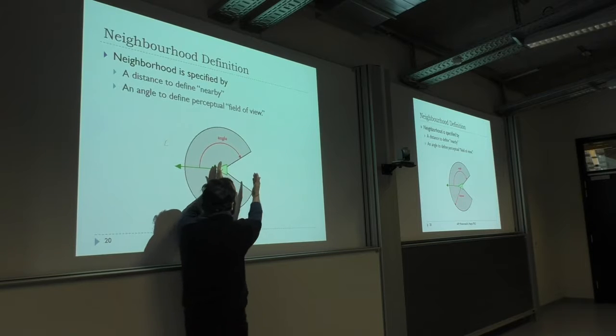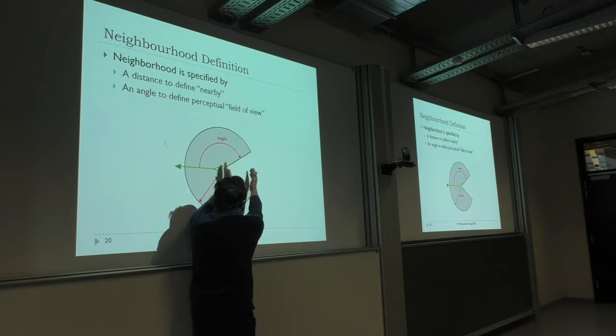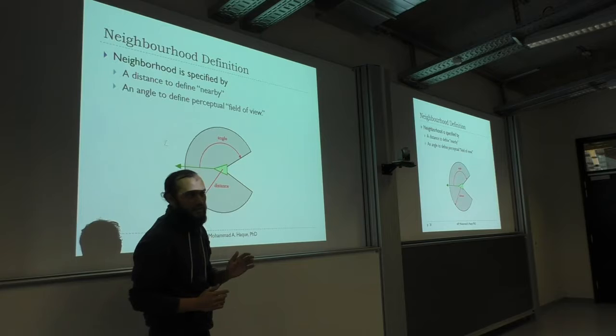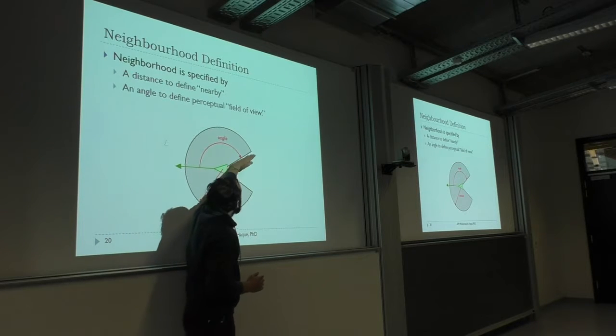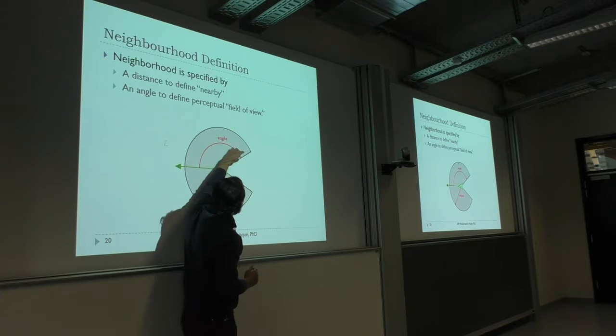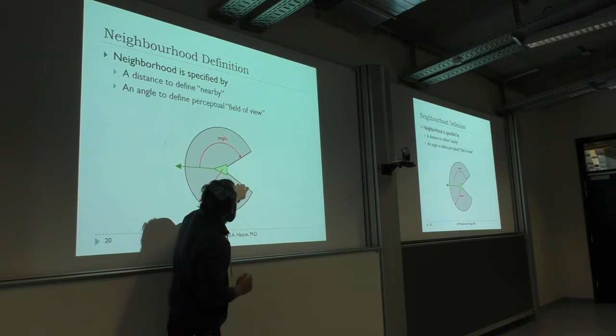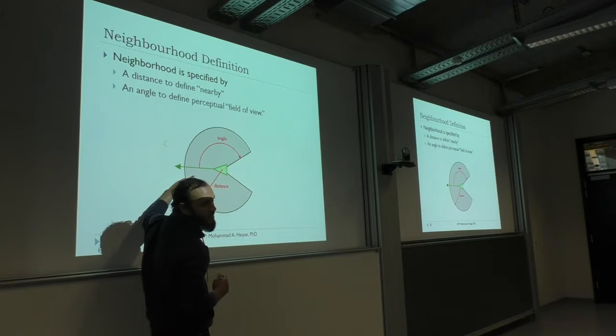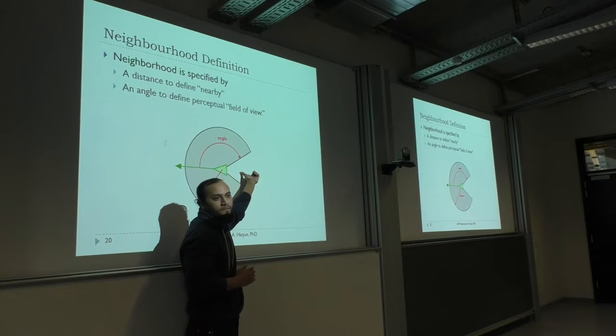Now, if you want to keep a distance between these two objects, this object's viewing angle is this one, and the neighborhood definition tells that it will have this angle as the viewing angle and this distance it will cover, so it cannot see anything here.